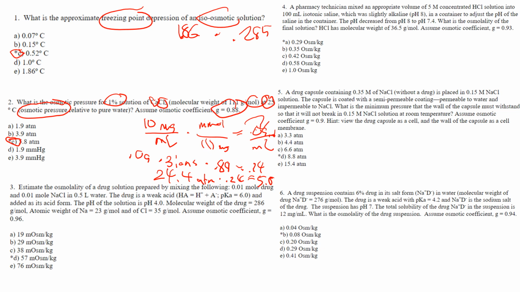This next one is pretty simple actually. We're essentially just solving for the osmolality of a substance in solution. So we know that there's 0.01 mole NaCl, and this will split up into 2 ions eventually, so we'll factor that in, in 0.5 liters of water.